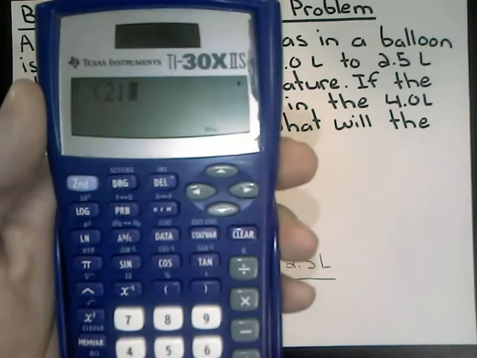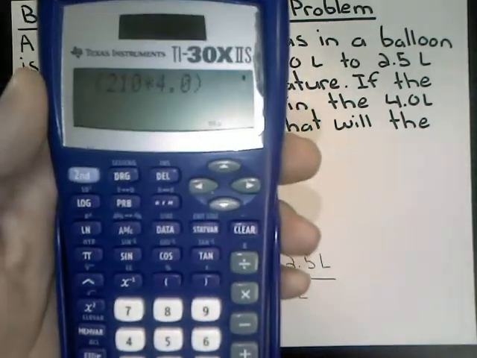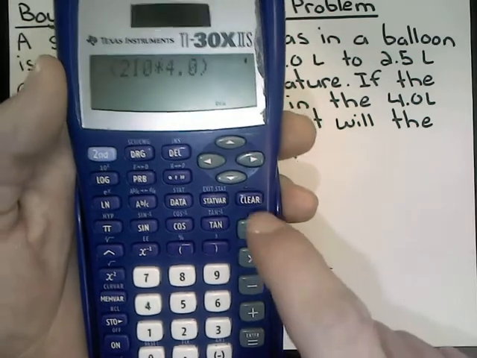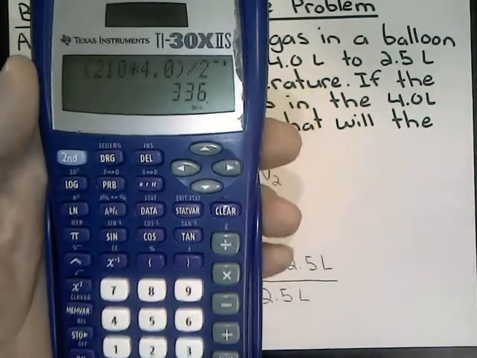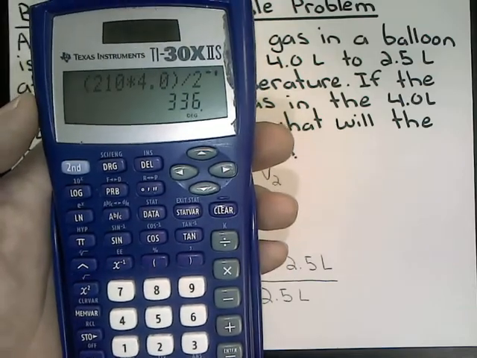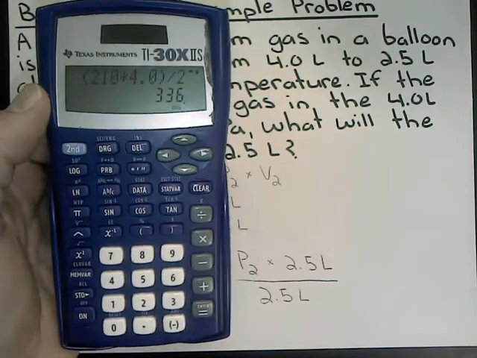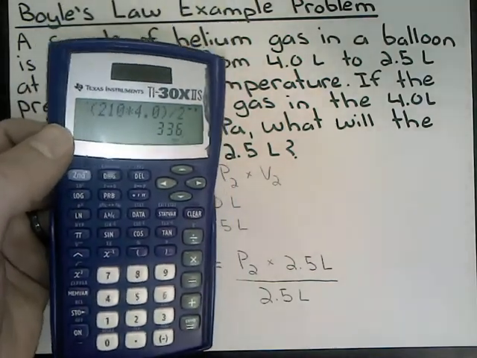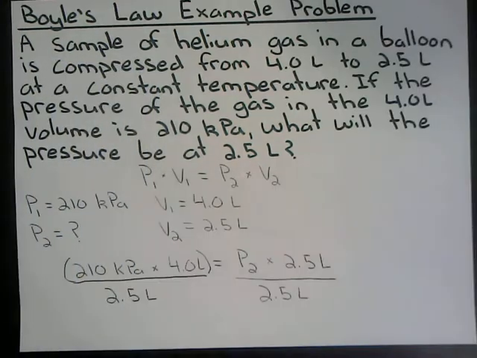I need to put it in parentheses, 210 times 4.0. Close the parentheses, that's what's on top, and then we divide it by 2.5. We press enter and we get a value of 336. Okay, so 336 would be what our answer is on the calculator.